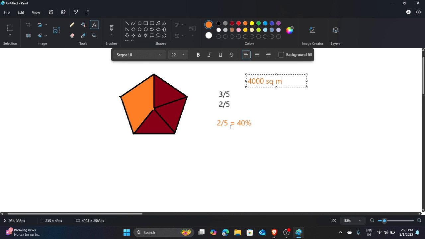Then how much is this portion? 40% of it means this divided by 5, and the answer we get is 800. Then multiply it by 2, so this portion is nothing but 1600 square meter.